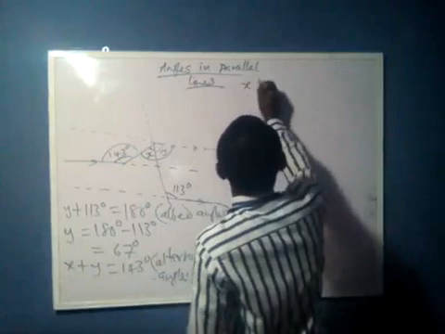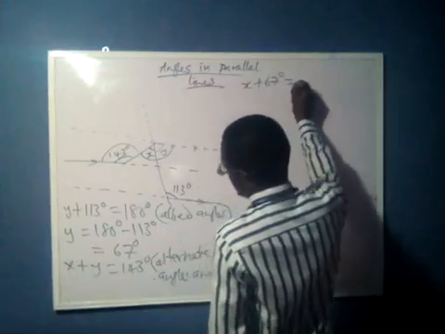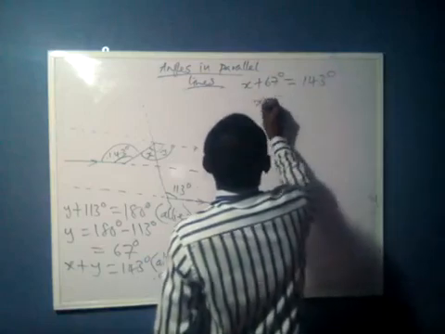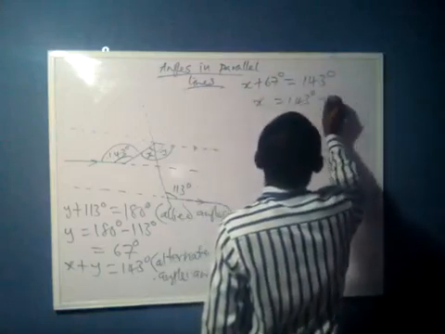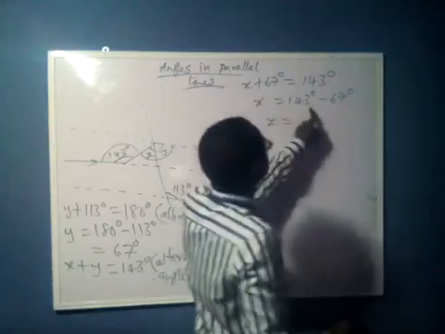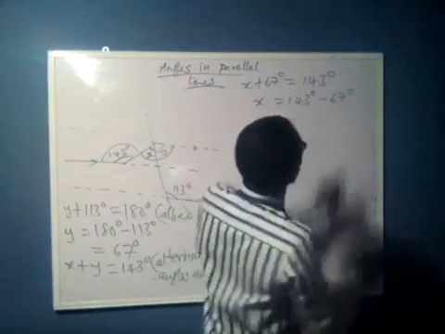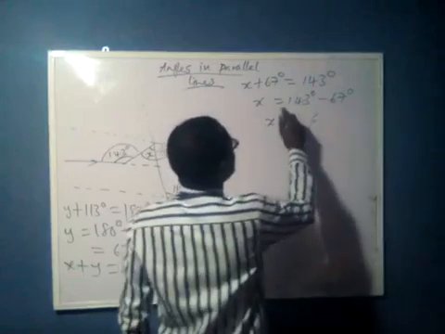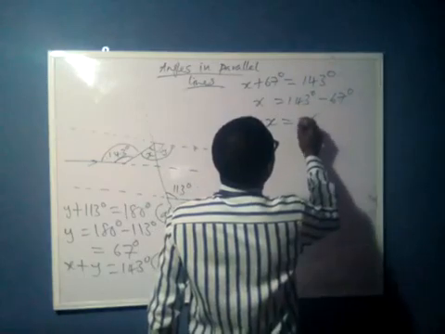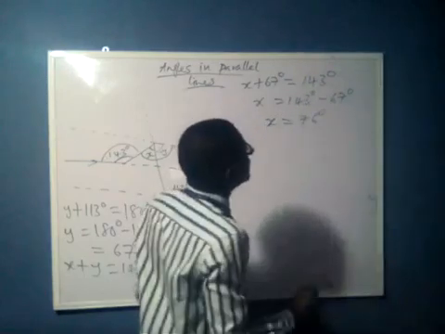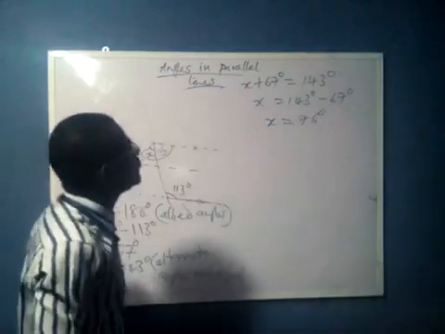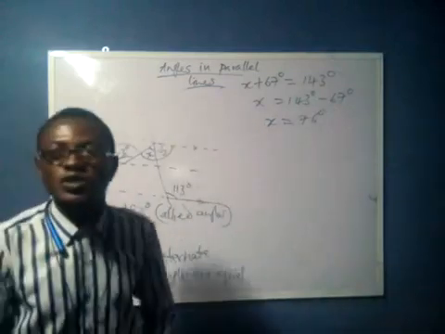So we have x plus 67 degrees equal to 143 degrees. So we have x equals 143 degrees minus 67 degrees. So x equals, 13 minus 7, that gives us 6. So that's 76 degrees. Yeah, 76 degrees. So that's the value of x.